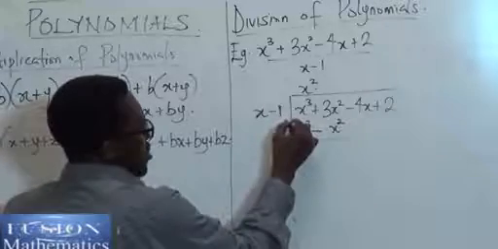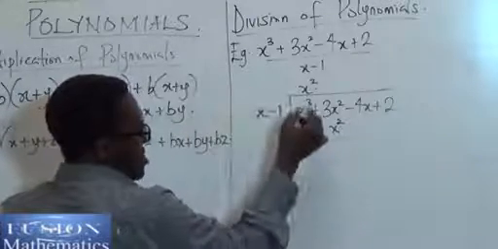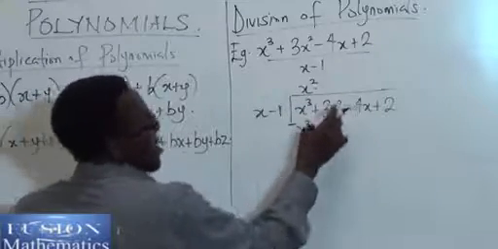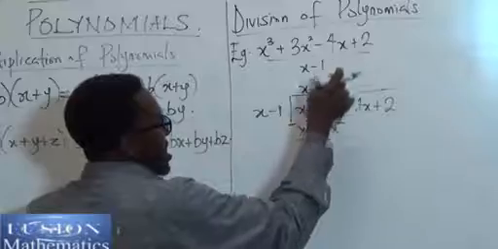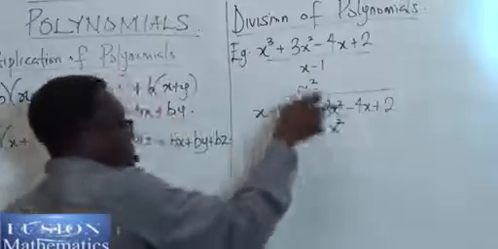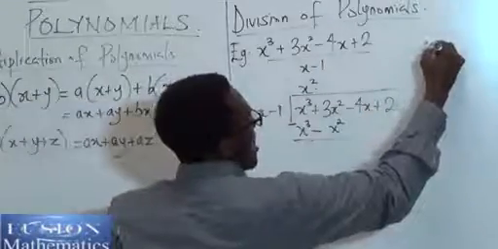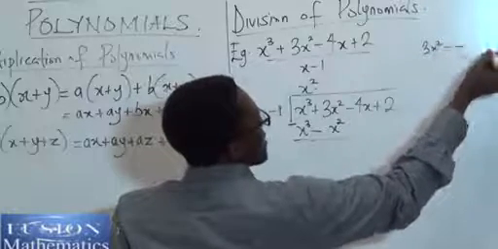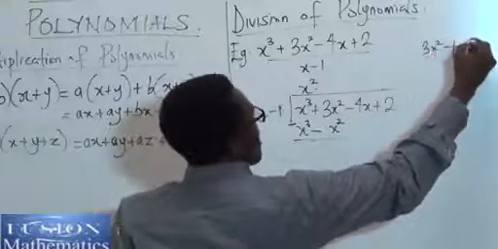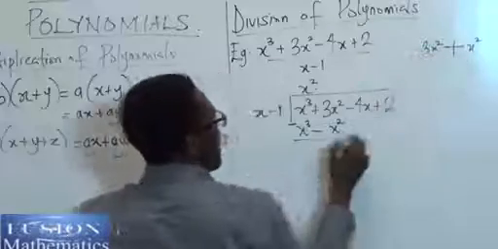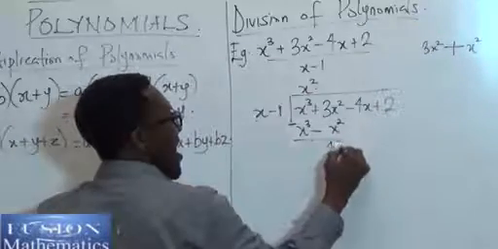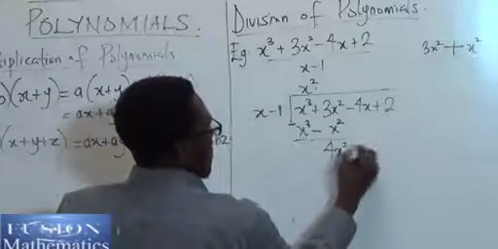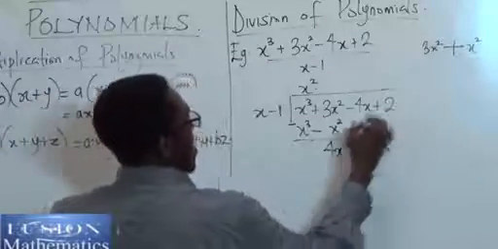So we subtract: x cubed minus x cubed will give us 0. But this one, 3x squared minus minus x squared, minus times minus is plus, so they add to give us 4x squared. Then we bring down the next term, which is minus 4x.